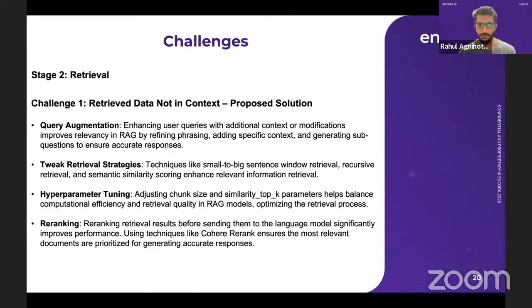This could be helpful, but it could also harm your application, because you are again changing the context. When I say context, I mean changing the meaning of the input. If you're playing around with the meaning of the input, it may be harmful. So you need to analyze whether re-ranking is going to help you or not. It may help or it may not. Always test before you deploy any of your pipelines.